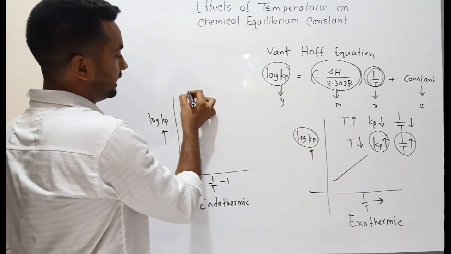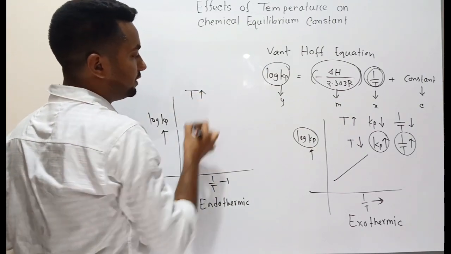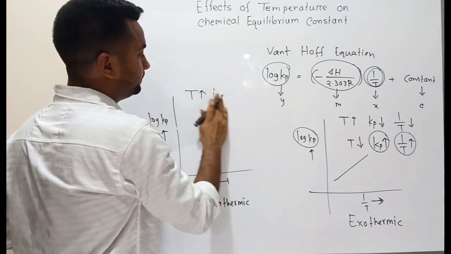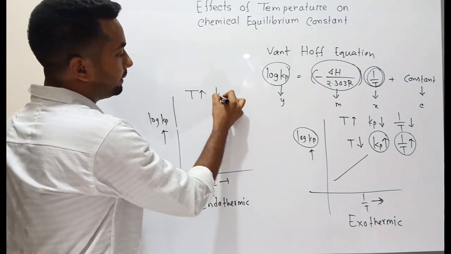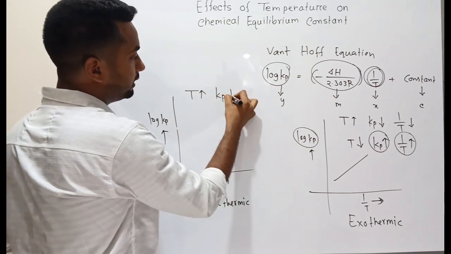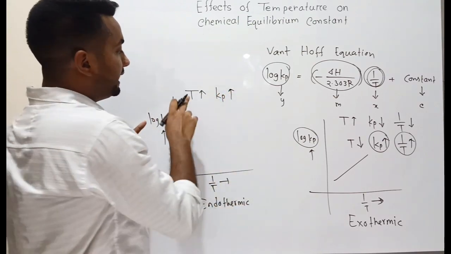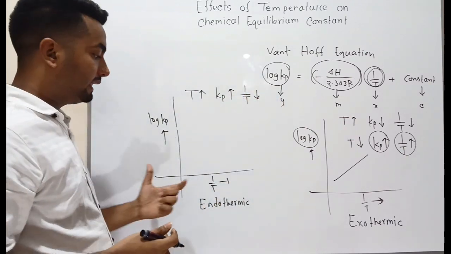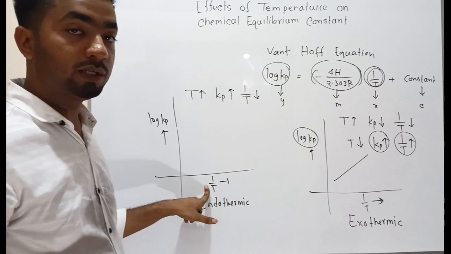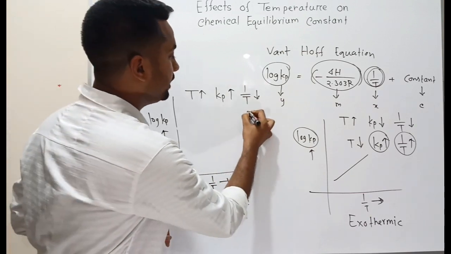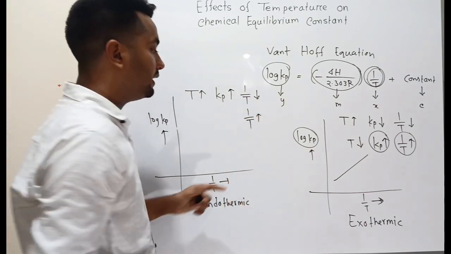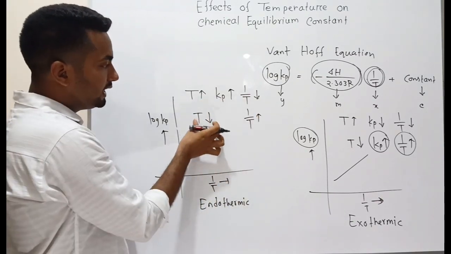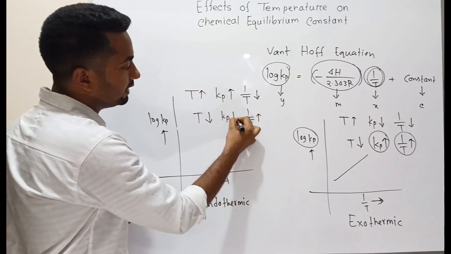Now come to the endothermic reaction. We said earlier that if we increase T for an endothermic reaction, the value of the chemical equilibrium constant will increase. If we increase T, that means 1 by T decreases. In this graph, we plotted 1 by T on the x-axis. So if 1 by T increases, T decreases, and if T decreases, Kp definitely decreases.